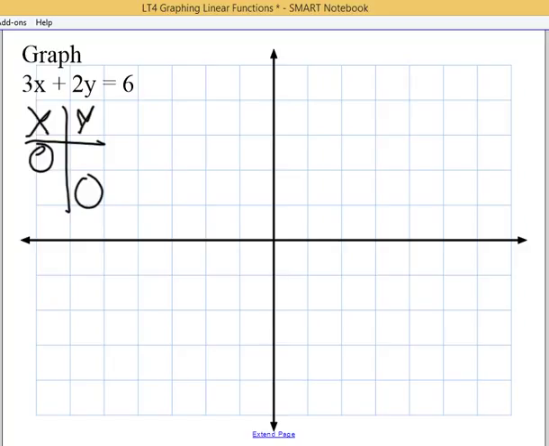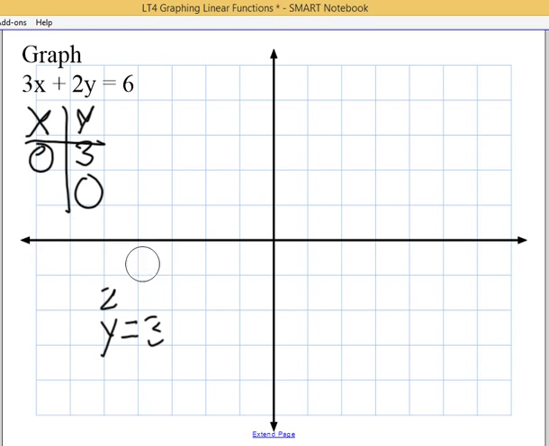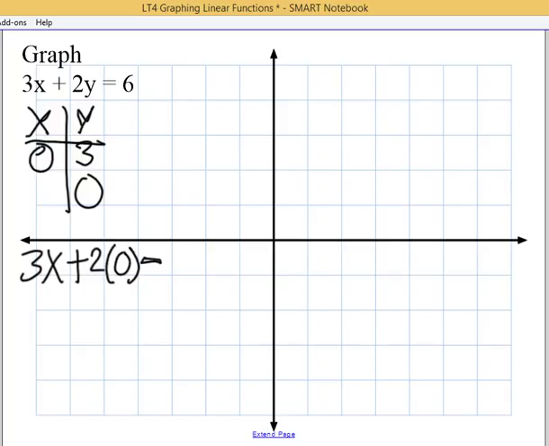Now, if I plug in a 0 for x, 3 times 0 plus 2y equals 6. Now, a 3 and a 0 make nothing, and last I'd have to divide by 2. Our y would be equal to 3. Now let's plug in a 0 to the y to get the x-intercept. 3x plus 2 times 0 equals 6.